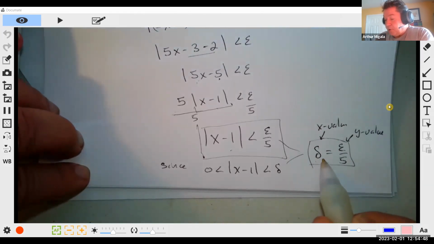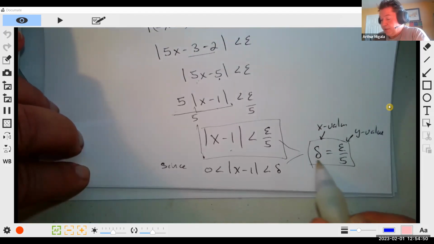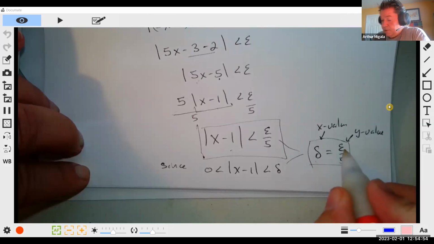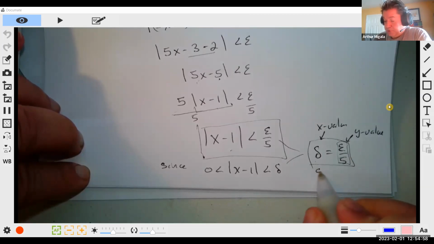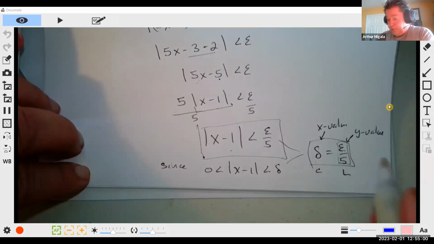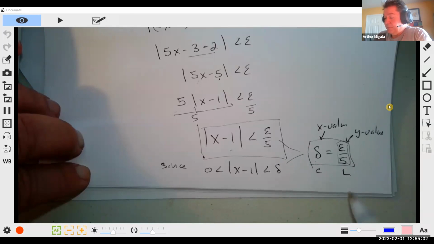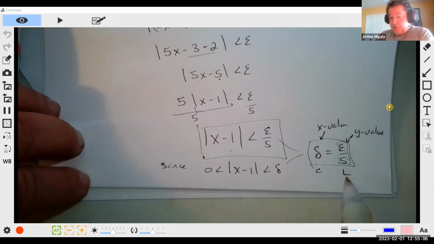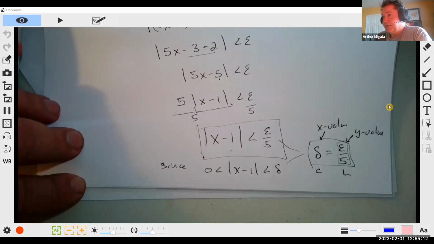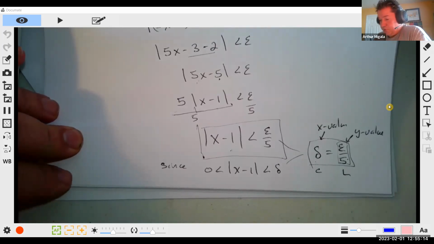So the closer we get to c, we get even closer to the limit value. This one goes to c, this one goes to L. Remember, this is the vertical one. So the smaller this becomes, if we divide it by 5, we get even closer. All right, so that is what we're trying to prove here.